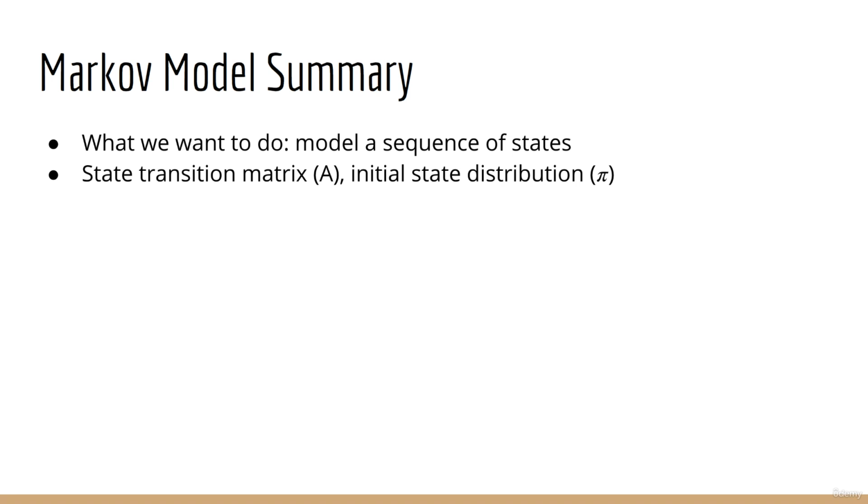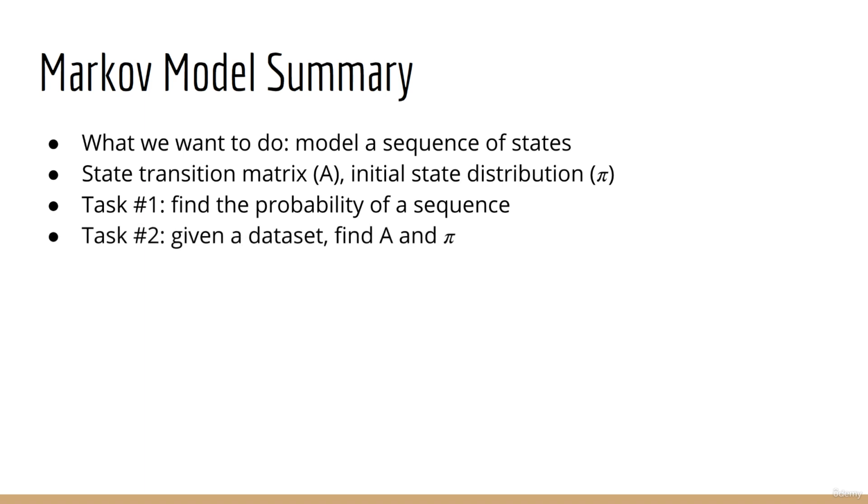We also learned how to answer two important questions concerning Markov models. The first question we learned to answer is, given a sequence of states and a Markov model, find the probability of that sequence. The second question we learned to answer is, given a dataset of sequences, find the best fitting Markov model, which means find A and pi.